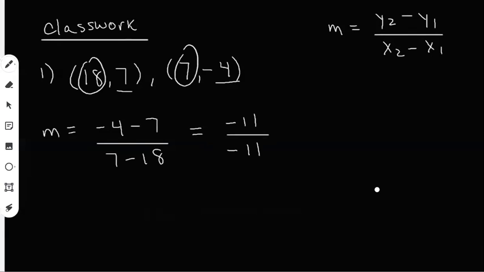So now I can divide the two numbers and I get +1. And then I circle that. That's going to be my answer. So because this line has a positive slope, it's going to be going up as you go from left to right.